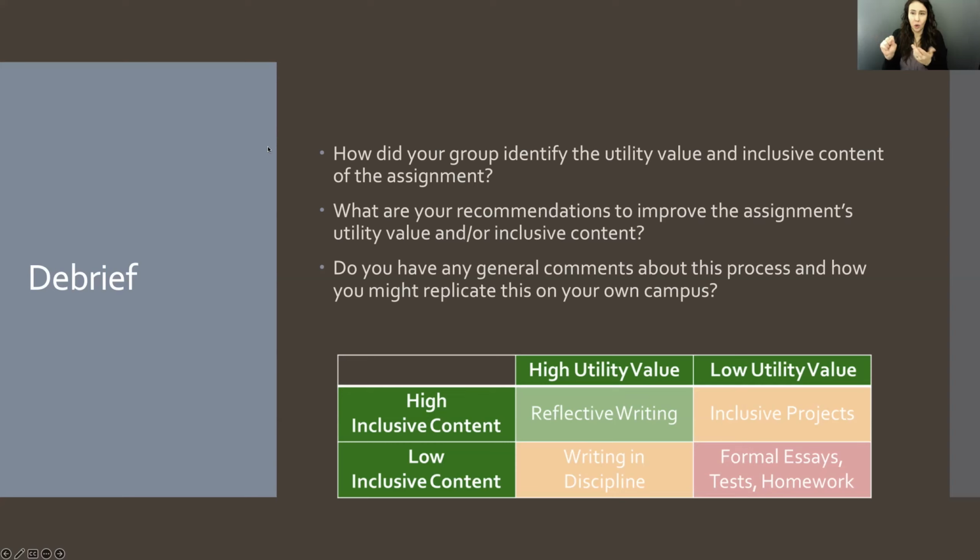So again, high utility, but low inclusive content, because even just a description is very difficult to decipher, what is actually happening for this. There's no clear idea as far as learning outcomes, how it aligned to what they're trying to learn, no rubric. There are so many things to say about it.